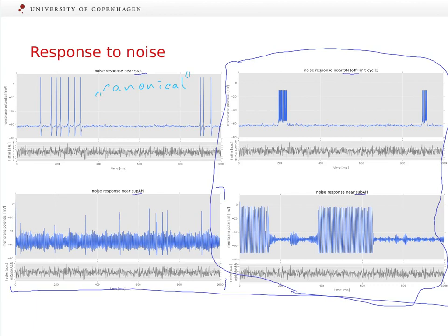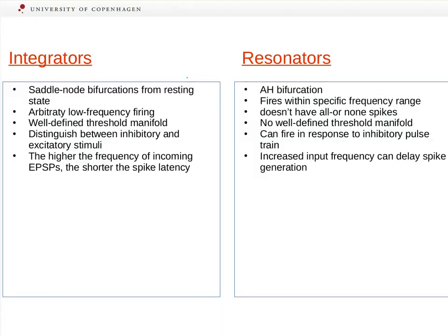I'll put it in quotation marks because it's not more canonical than any other of the bifurcations. Now, to summarize, integrators or integrated neurons lose stability through saddle node bifurcations. Some can feature spiking with arbitrarily low frequency, and they have a well-defined threshold and always distinguish between excitatory and inhibitory stimuli in a predictable way.